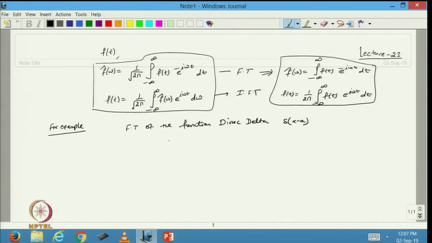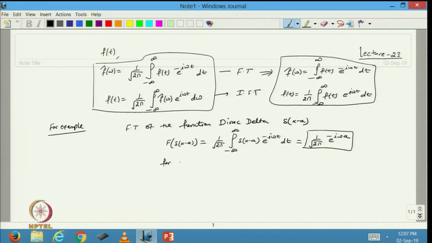If you remember, the Fourier transformation of delta(x minus a) was 1 over under root 2 pi, integral from minus infinity to infinity, e raised to power minus i omega t dt, and it comes to 1 over under root 2 pi e raised to power minus i omega a. So that was the Fourier transformation for the Dirac delta function.